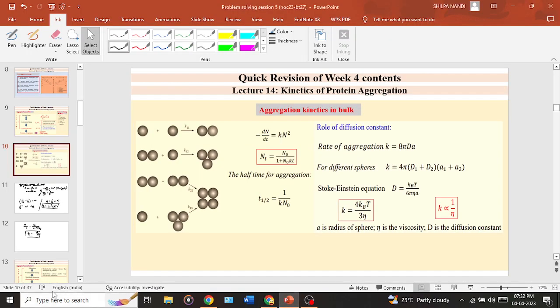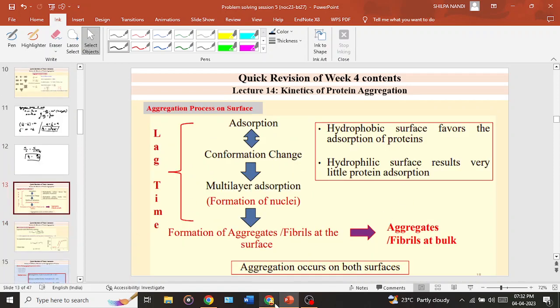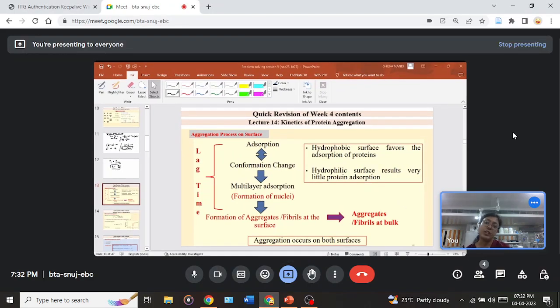Okay, we will move ahead now. After the aggregation process in bulk, in the same lecture, lecture 14, it was also discussed about protein aggregation on surface. So the external factor here is basically adsorption on surface, which leads to conformational changes, that is end-on and side-on adsorption, and then again we have nucleation similar to that in case of bulk, and lastly we have the formation of aggregates, that is fibrils present at the surface.